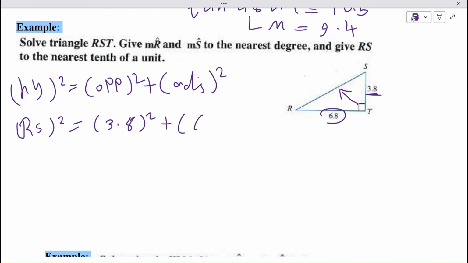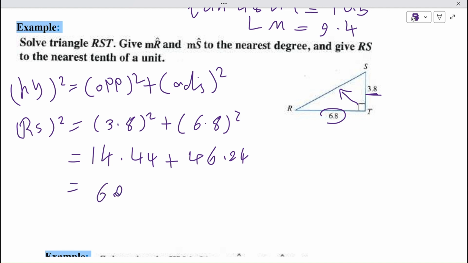By using the calculator, we get the square of 3.8 is 14.44 plus the square of 6.8 is 46.24. By adding them, we get 60.68, and this is RS squared.